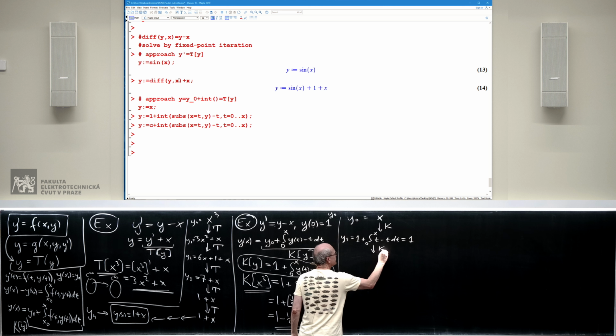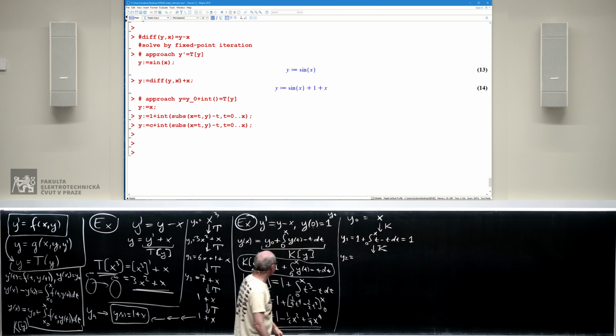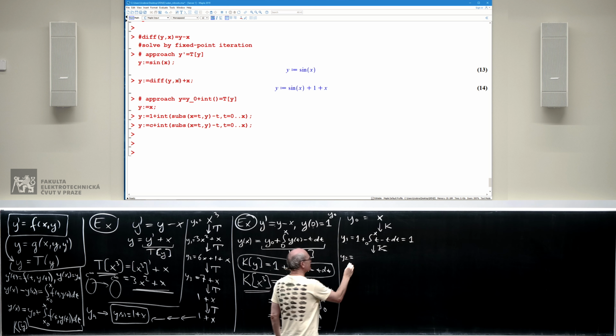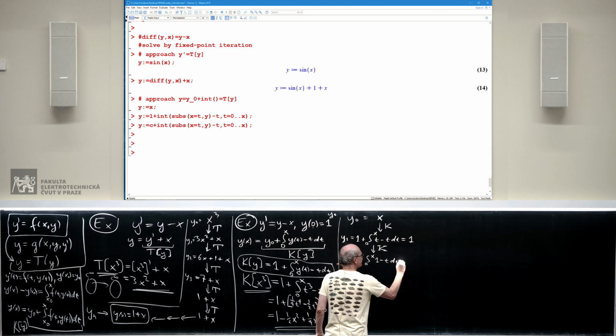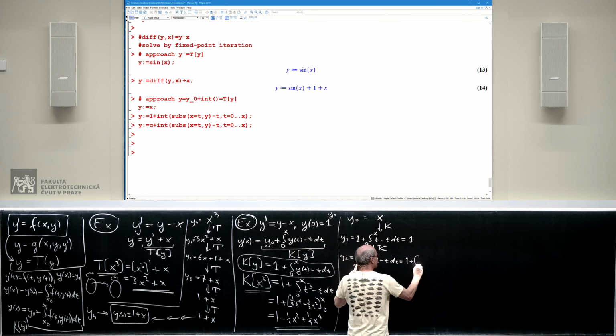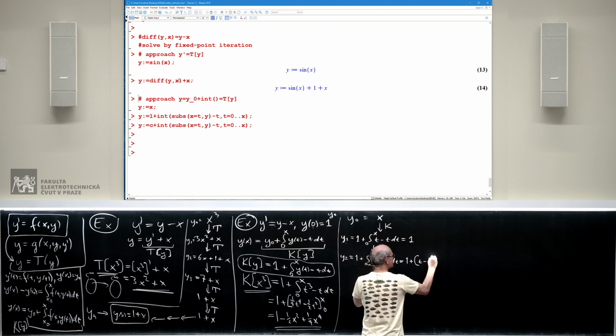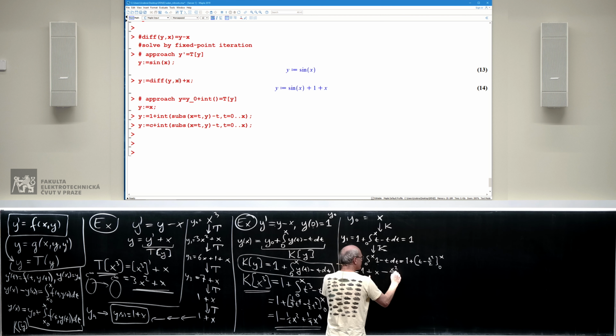I apply k to this function, and I get y2. y2 is 1 plus the integral from 0 to x of this function minus t dt, which is, okay, 1 plus the antiderivative, t minus t squared over 2 from 0 to x, and I'm getting 1 plus x minus x squared over 2.